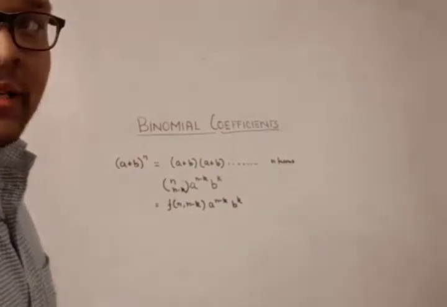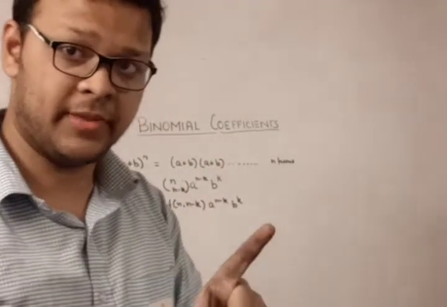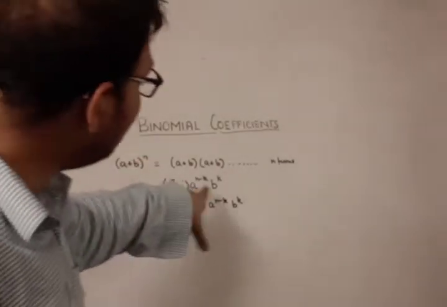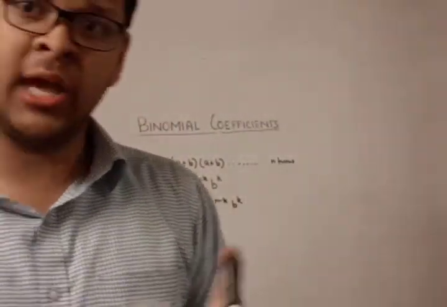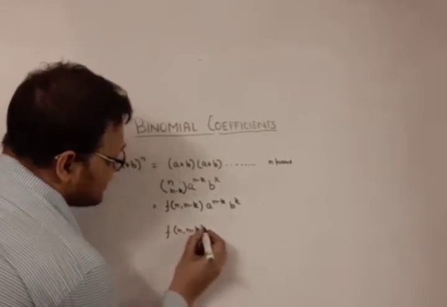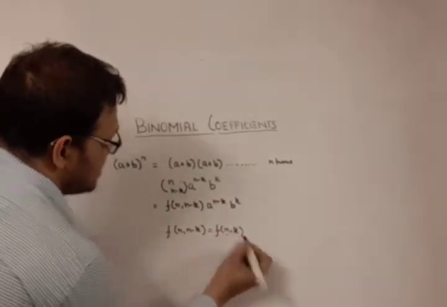Now I want to tell you a very important thing about the choose function. Suppose you have two terms, and from these two terms the number of ways of selecting n minus k must be the same as the number of ways of selecting b power k objects. Why not? This is because if you are choosing n minus k, you are left only with k objects. So you can always state that the choose function for the number of ways of this is equal to the choose function for the number of ways of this.